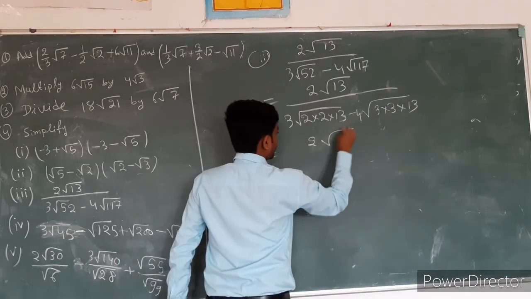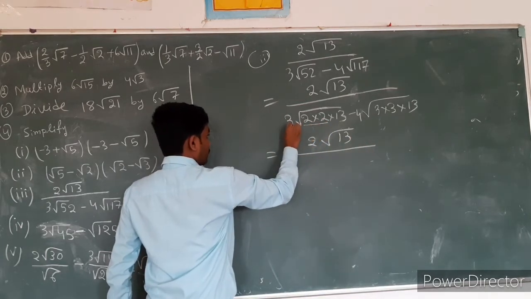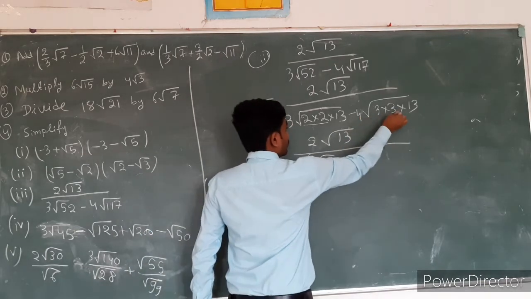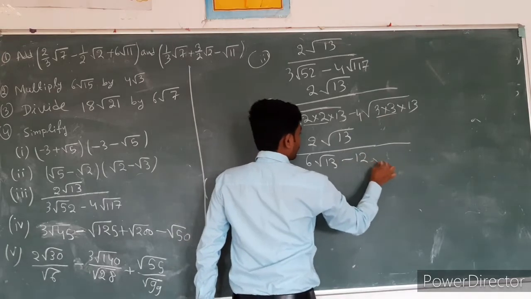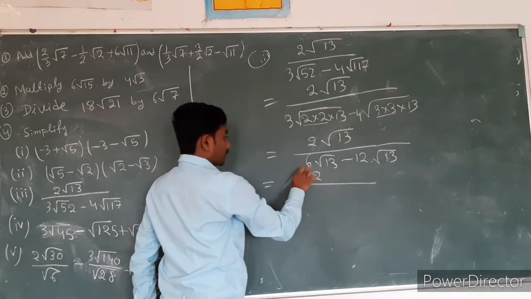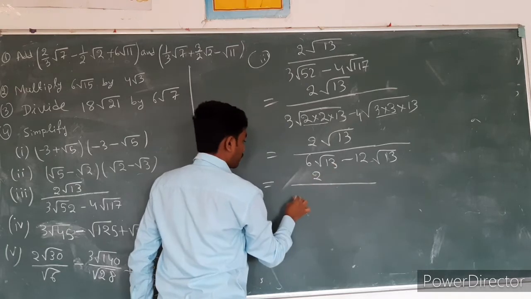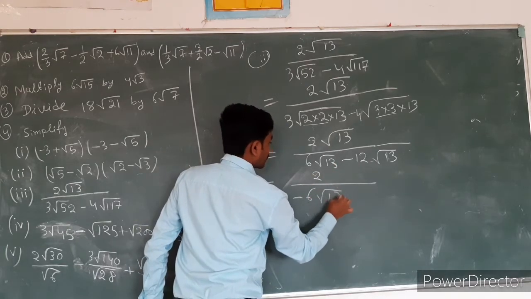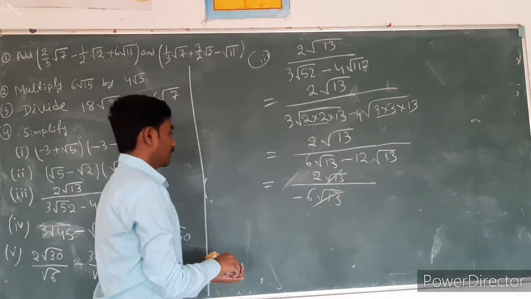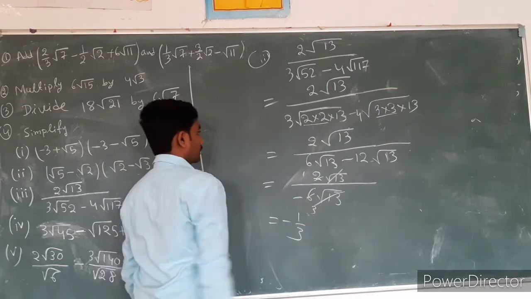So 2 into 30 upon 2, 2 into 6 root 30 minus 3, 12 root 30. So 2 upon 6 root 30 minus 12 root 30. So 6 minus 12 is equal to minus 6 root 30. So root 13 cancel. 2 by 6 is 1 by 3, which is equal to minus 1 by 3.